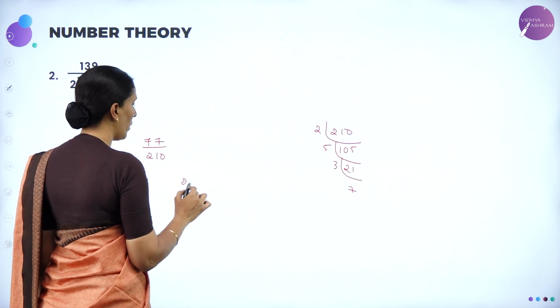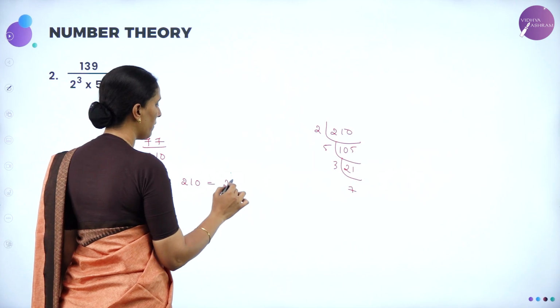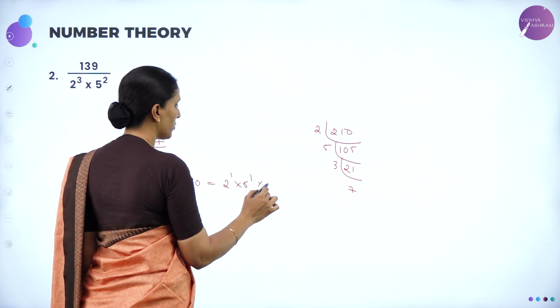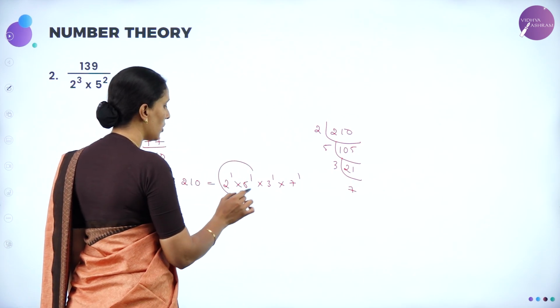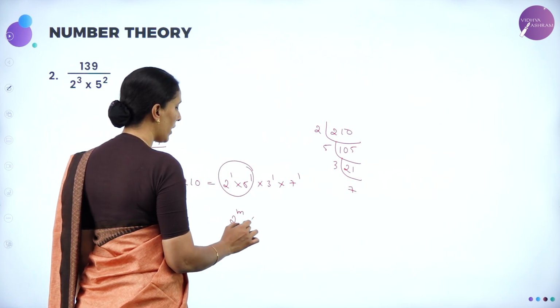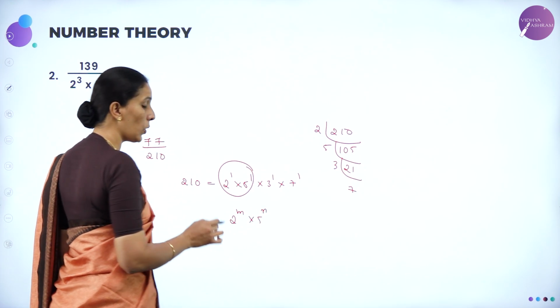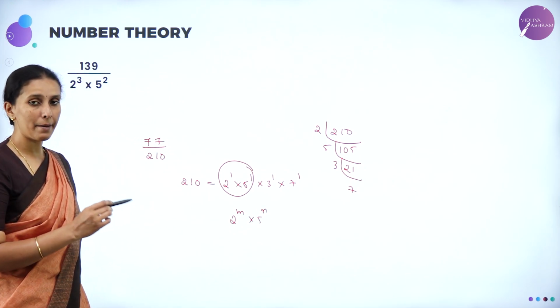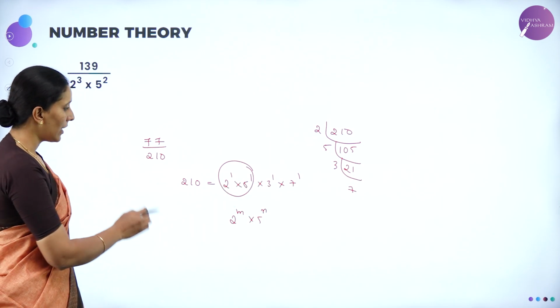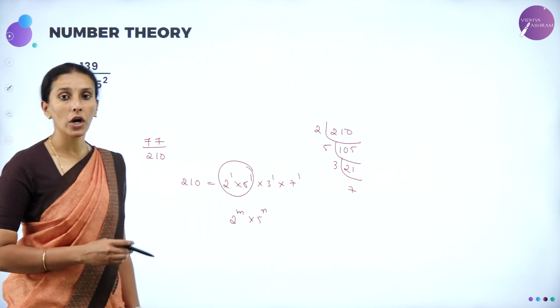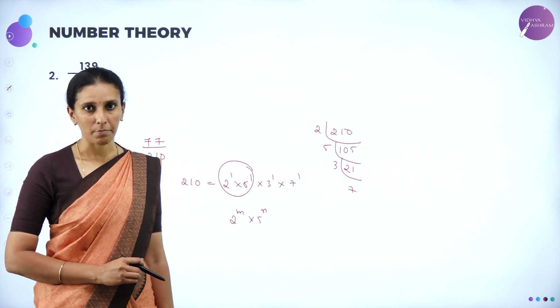So, here 210 is equal to 2 power 1 into 5 power 1 into 3 power 1 into 7 power 1. So, clearly this is not in the form of 2 power n into 5 power m. It should be only in the form of 2 power m into 5 power n, but we have 3 and 7 also. So, clearly this decimal expansion is a non-terminating decimal expansion.